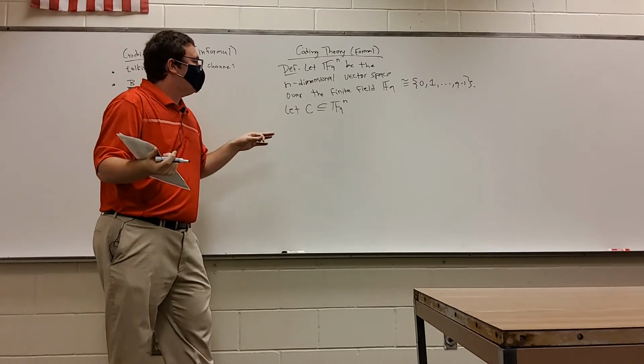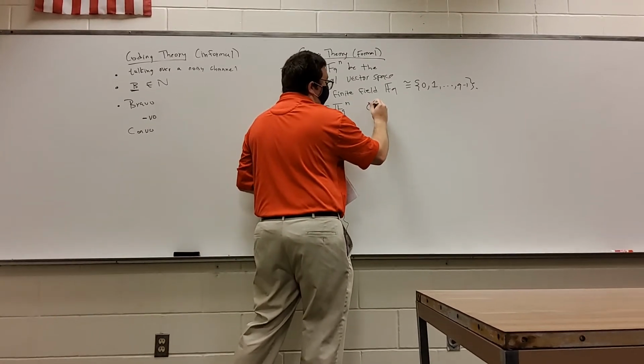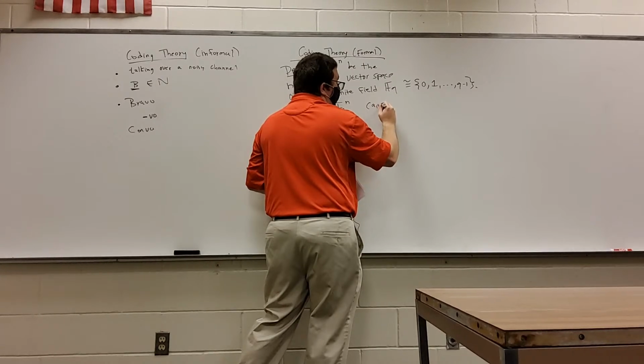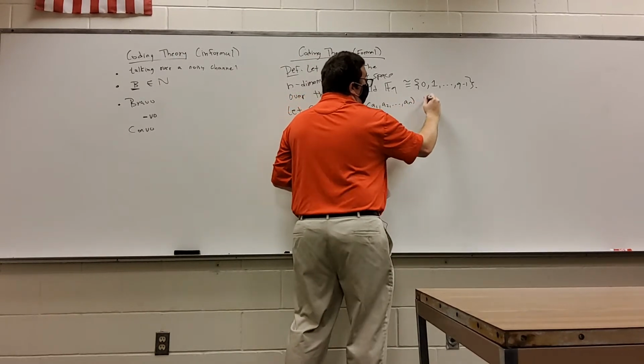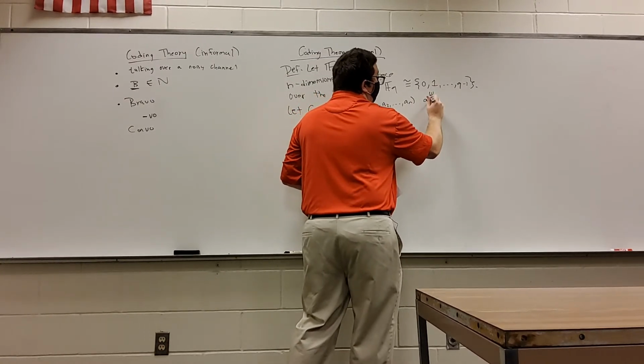So in this vector space, what elements look like is just an element (a1, a2, ..., an), where each a_i lives in that set.